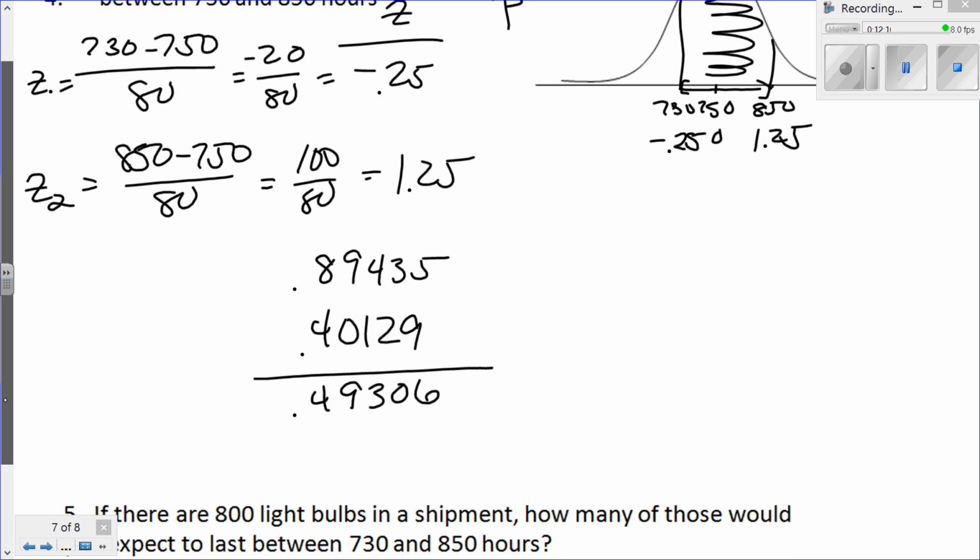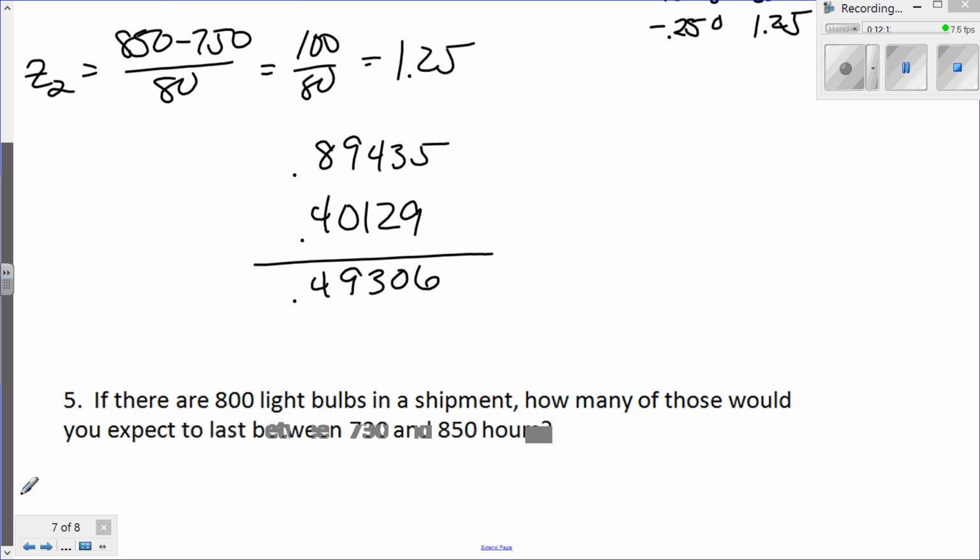I've got a follow-up question to this one. Say there are 800 light bulbs in a shipment. How many of those light bulbs would you expect to last between 730 and 850 hours? So my first question was asking, what's the probability of being within that interval between 730 and 850 hours? Now I've got a specific number of light bulbs, and I want to know, of those 800, how many of them would be in this interval?